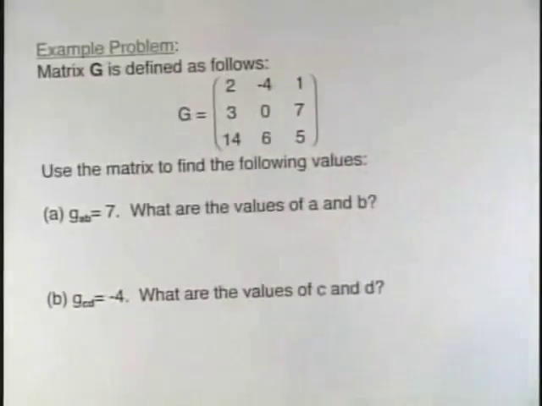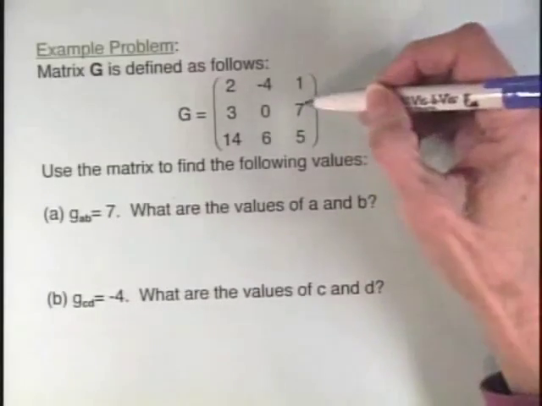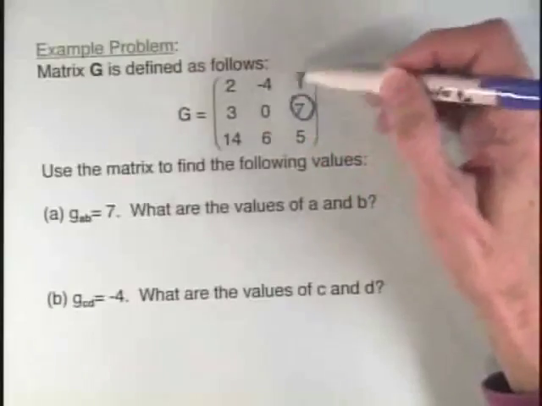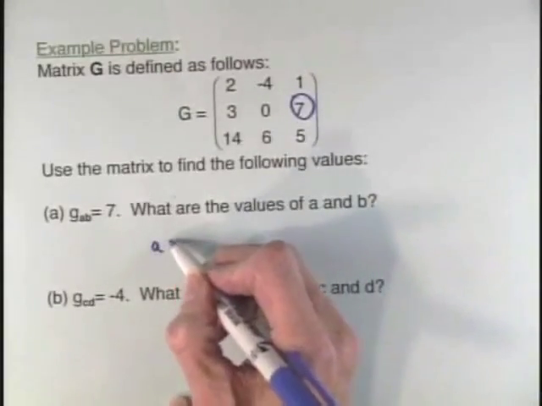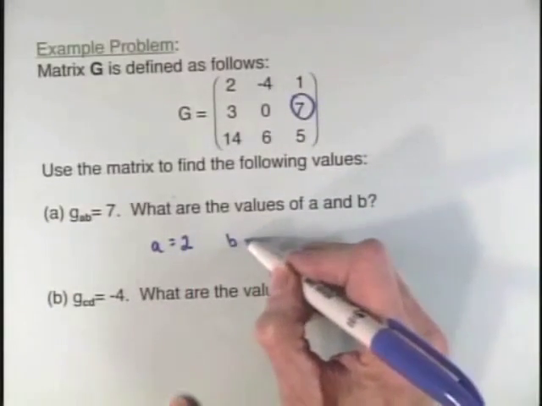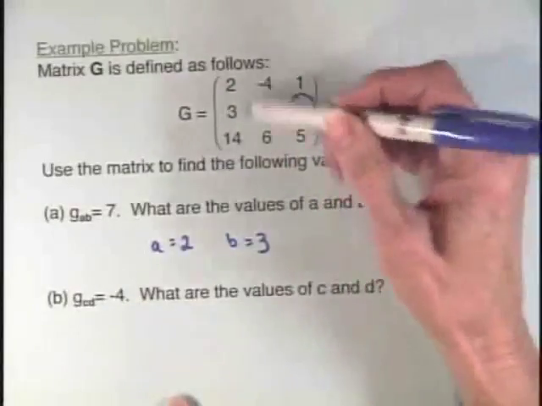What are the values of A and B? The only entry in the matrix with a value of 7 is in row 2, column 3. So A equals 2 and B equals 3. A is row 2, B is column 3.